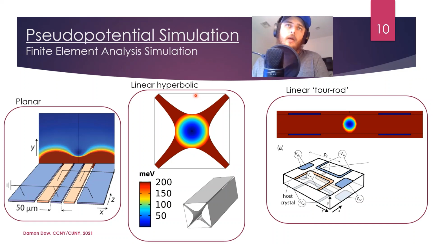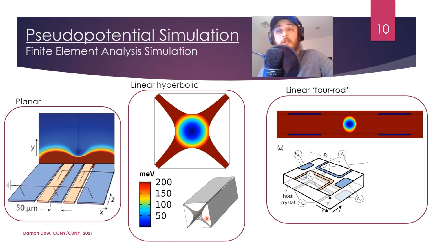On the other hand, something like a linear hyperbolic electrode geometry is very good. It generates a perfect quadrupole potential, but it's pretty difficult to machine electrodes into hyperbolas, especially if you want to put a crystal of silicon in here that is also hyperbolic.